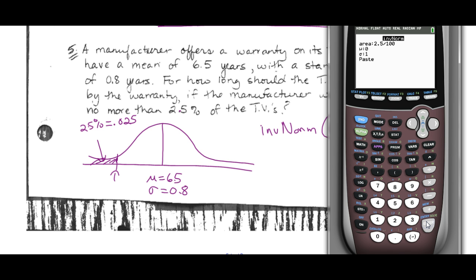Say it's 2.5%, put it in as 2.5 divided by 100. It'll convert it. The mean, 6.5. Standard deviation, 0.8. Say paste. If you're entering it yourself, this is what it's going to look like: inverse norm, 0.025, comma 6.5, comma 0.8.